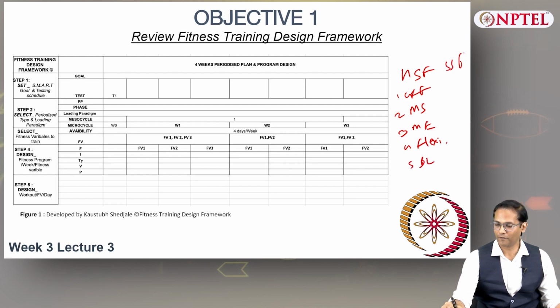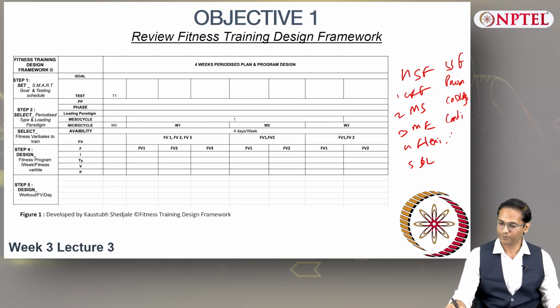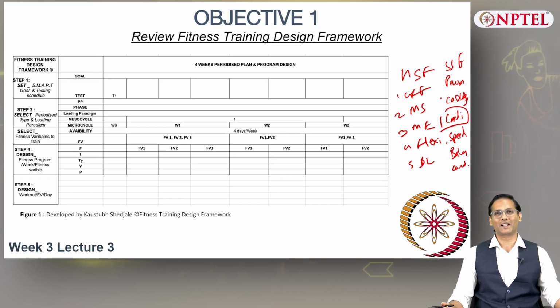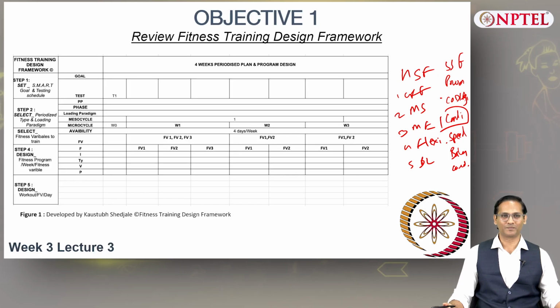And sport specific fitness includes power, COD or agility, conditioning, speed, balance and coordination. So this course is specifically focused on the conditioning fitness variable.